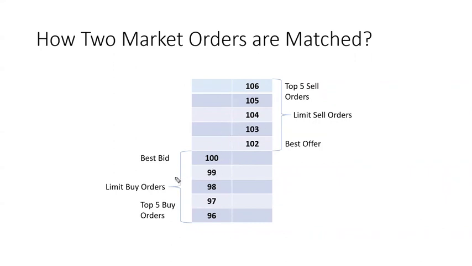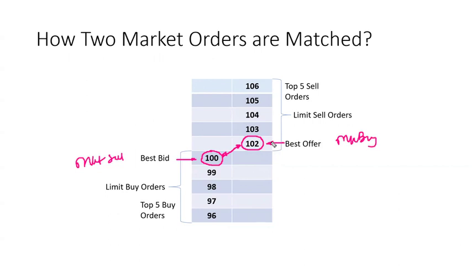And the reason is a market sell order will be executed at best bid price. A market buy order will be executed at best offer price. And as you can see, by default, the best offer price is at a higher value than the best bid price. So a market sell order will be executed at a lower price than a market buy order.